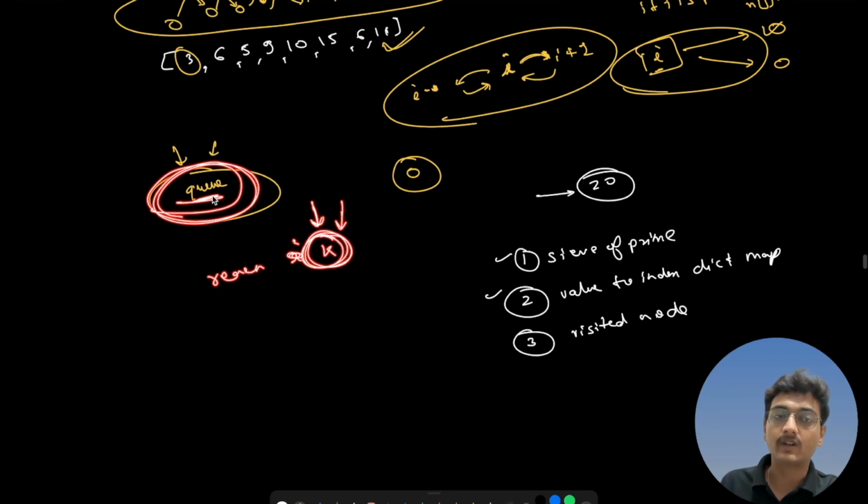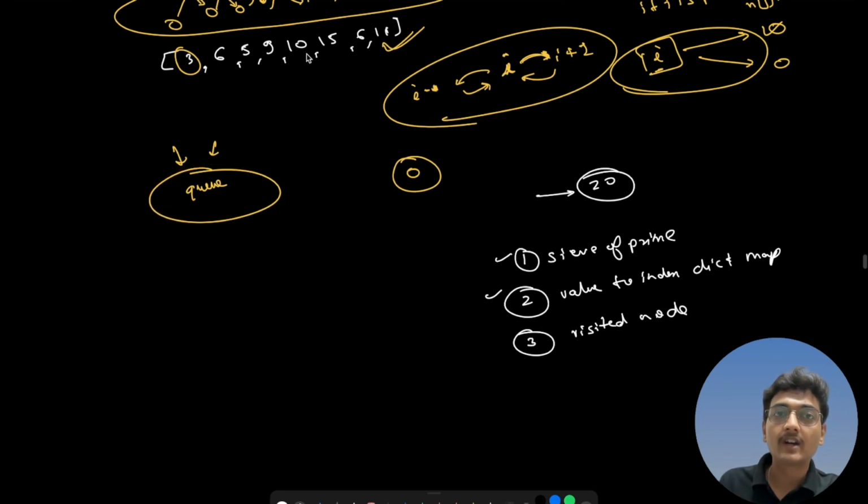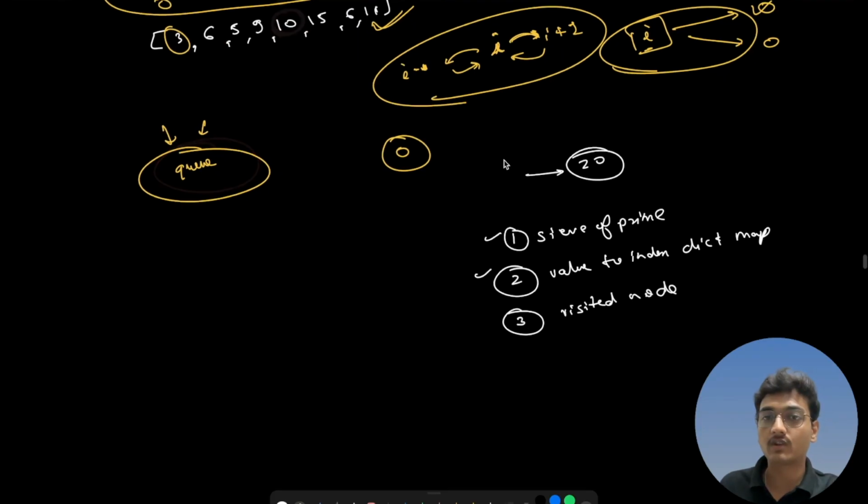If I'm using DFS, then that is another case. But if I'm using a queue and I'm reaching this node, whatever distance I am taking will definitely be minimum. So this is the rule of a queue. Make sure you keep that in mind.